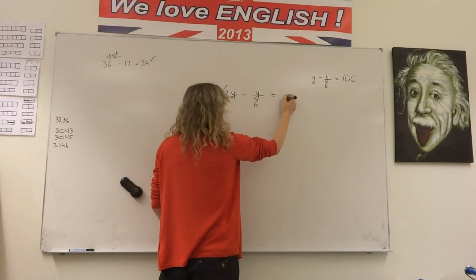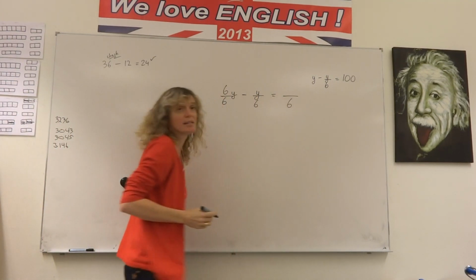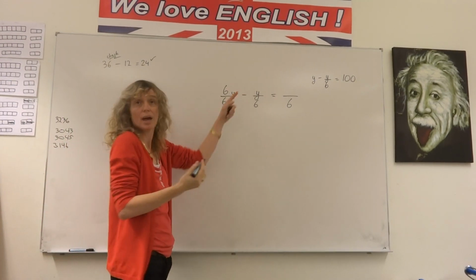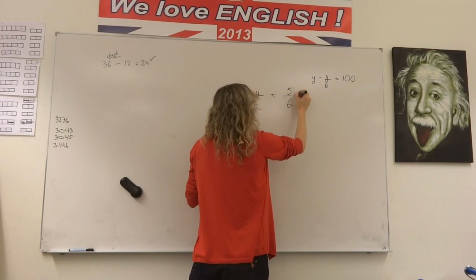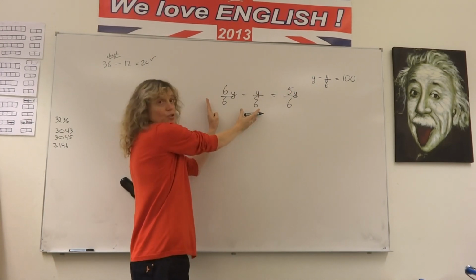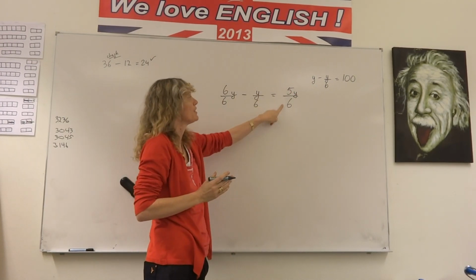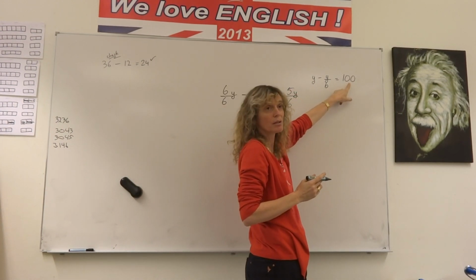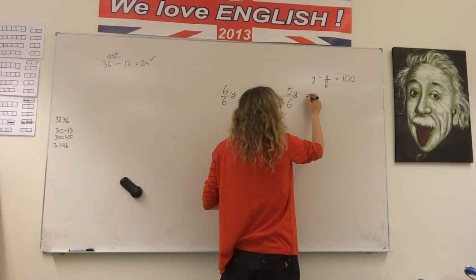We're subtracting in sixths, so our answer will be over 6. What is 6y minus 1y? That will be 5y. So when we do this subtraction, we get the answer 5/6 of y.